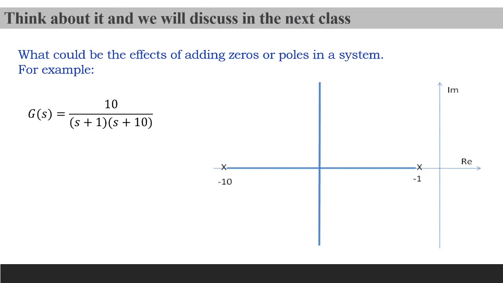That's it for today, but I'll leave you with one assignment to reflect on. We have a transfer function, or plant function, with two poles at -10 and -1, and I have drawn this root locus.